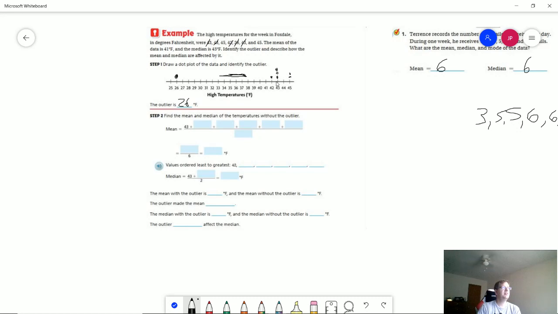So we would want to use probably the median or the mode for this. But we could also use the mean by dropping this out and doing all of that extra work. So I just kind of wanted to show you a reason why we would want to possibly do that.